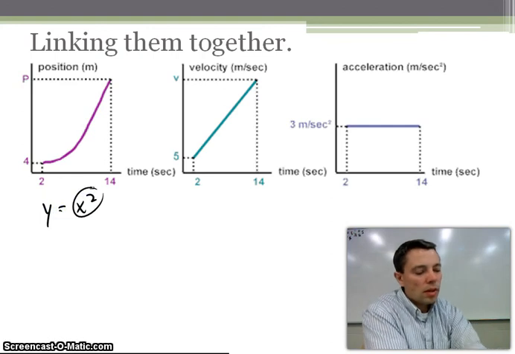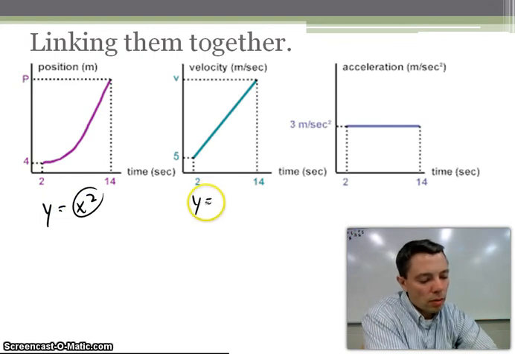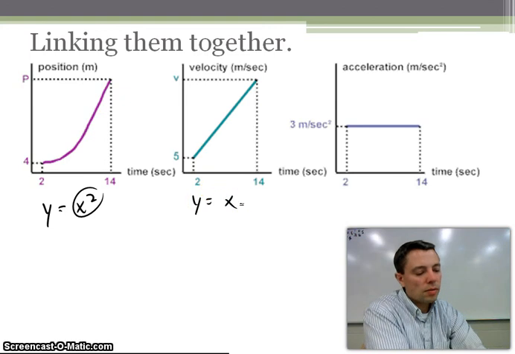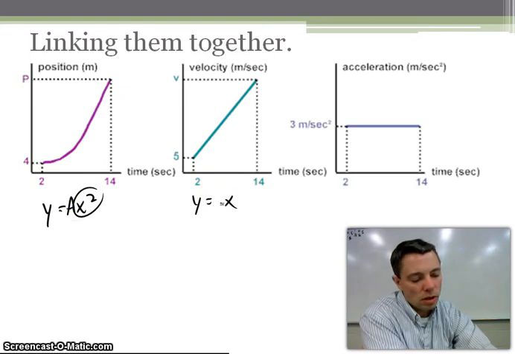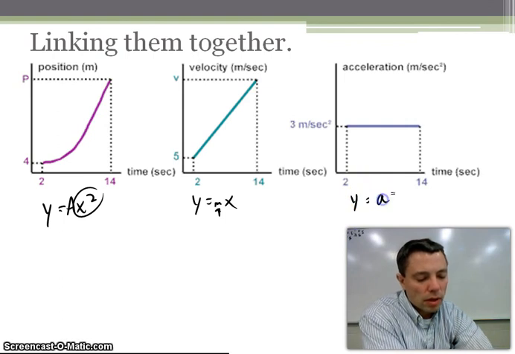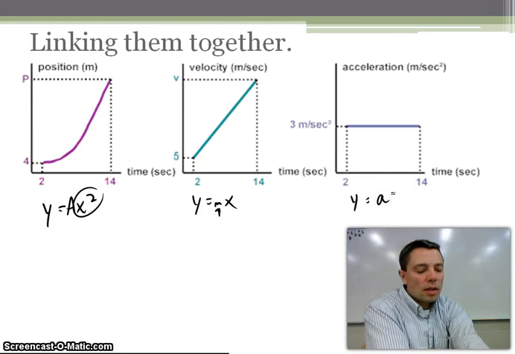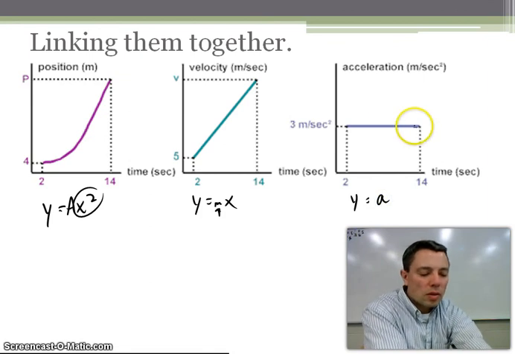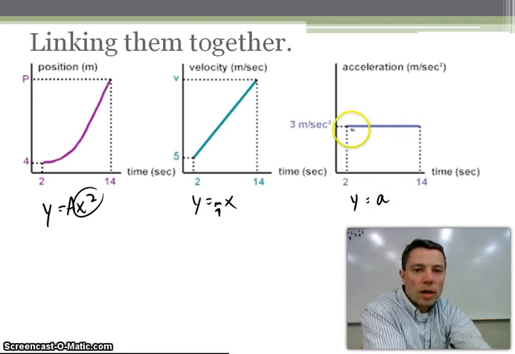And then this is something that looks like y equals x, and I'm leaving out some coefficients, so maybe this is like an a, and we'll call this one m, because that's our slope. And then this is just y equals some value, and we're just going to call that some value, maybe, let's pick the letter a. And what we're saying here is that we have constant acceleration, okay, it's a flat line.